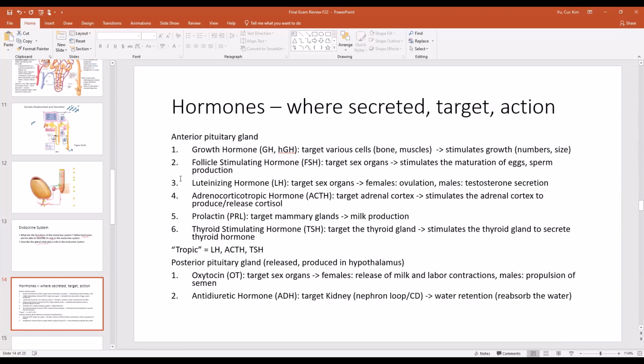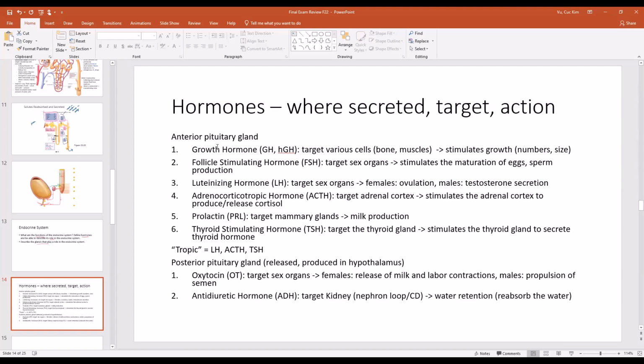And not only do you list the hormones that they produce, but also what they target and what their action is. For example, growth hormone, also known as GH or HGH, the H meaning human growth hormone, targets various cells, including bone cells and muscle cells. Its action is that it stimulates growth, both in number and in size.